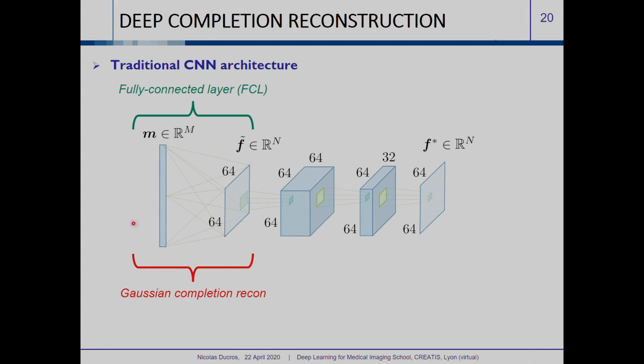So here is the Gaussian completion step that I described in the previous slide, and here we will learn how to compensate for the non-Gaussianities of the problem. If the Gaussian assumption was perfectly correct, just this fully connected layer would provide the best solution. But as in practice this assumption is unmet, we have to compensate for the non-Gaussianities, and this is what those layers do.